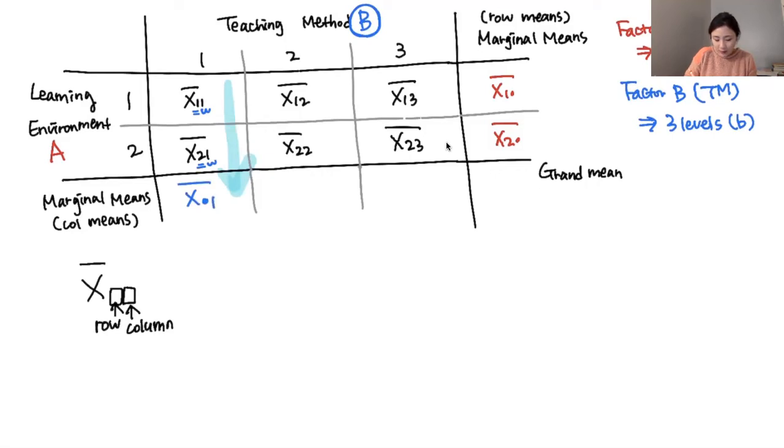In the second column, we have the same 2 in the second number, however we keep changing 1 and 2. So we put the dot here, x dot 2 bar. This is my second column mean. And x dot 3 bar. And we usually write the grand mean as x dot dot bar.